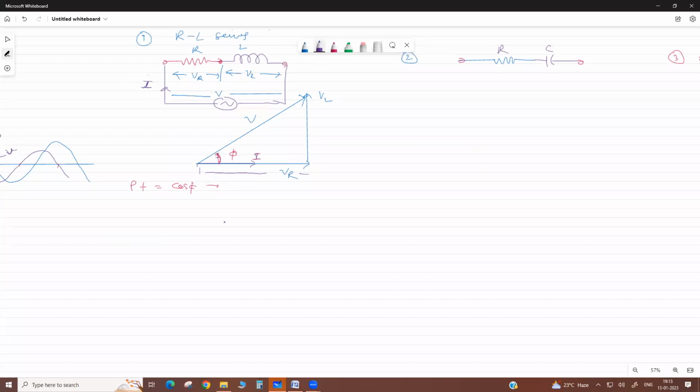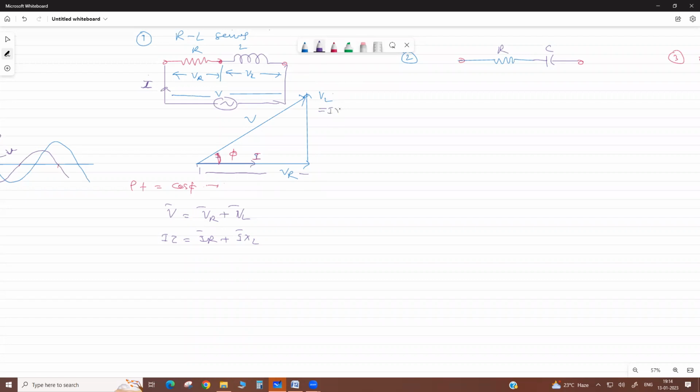This is a vector sum. V equals VR plus jVL. Now, this is IZ, the total voltage, impedance of the circuit. IR, IXL, the drop in reactance.